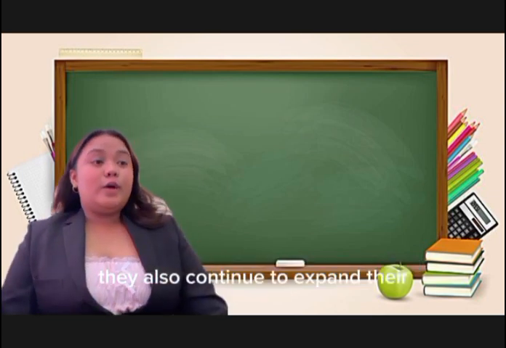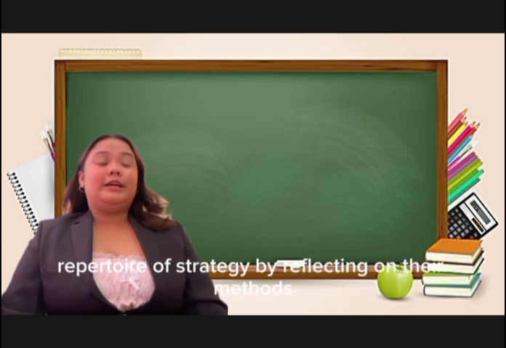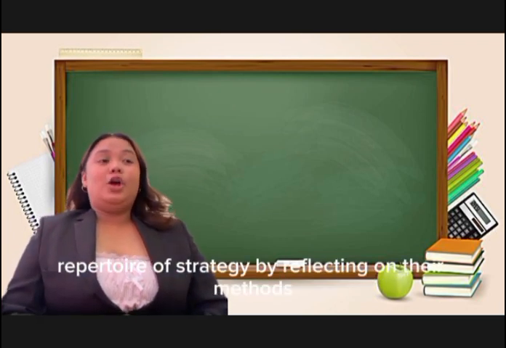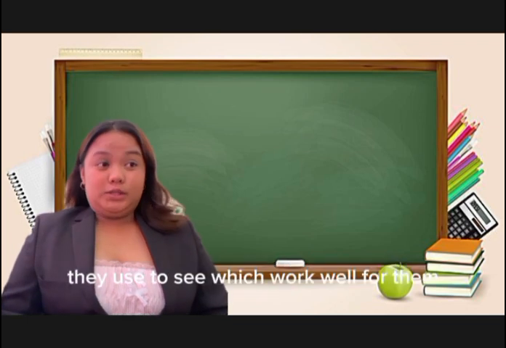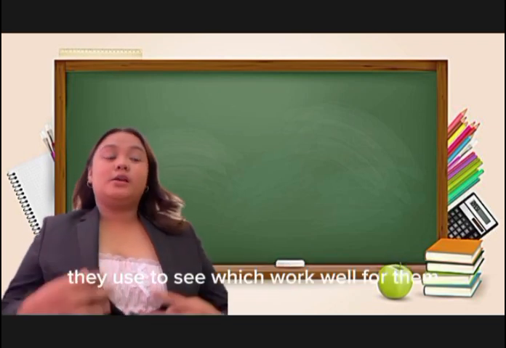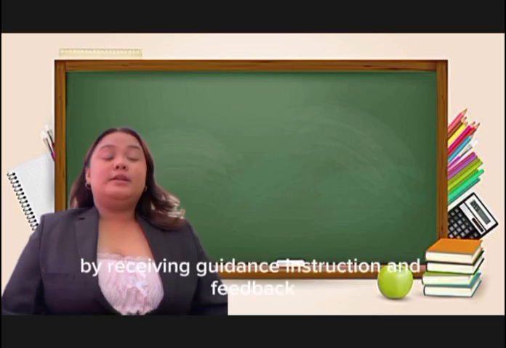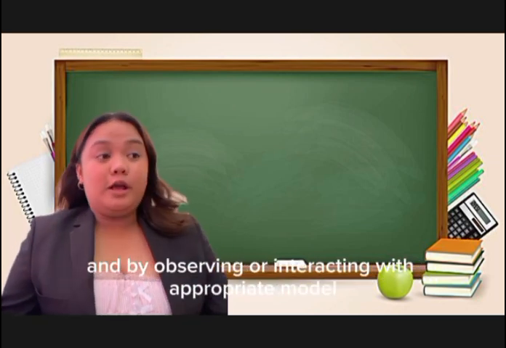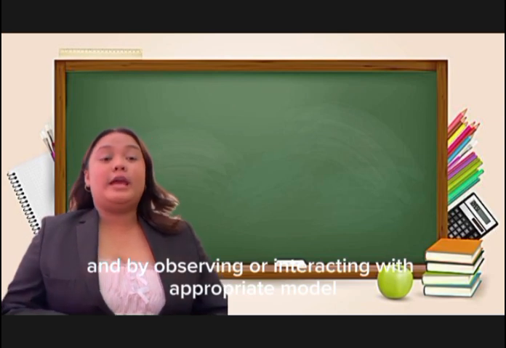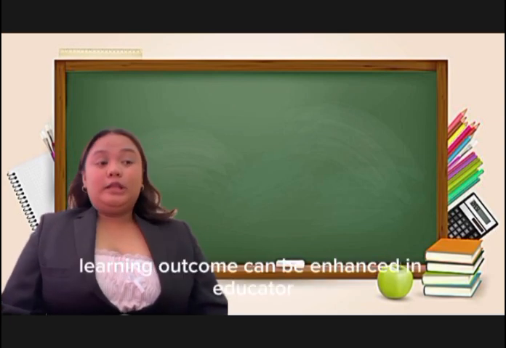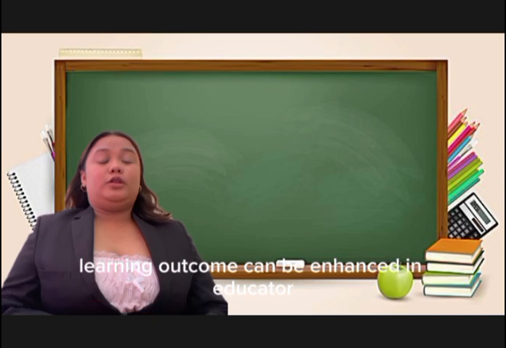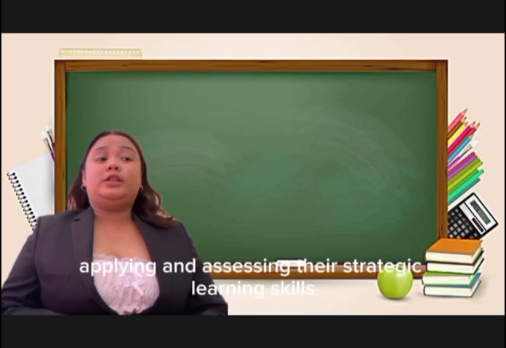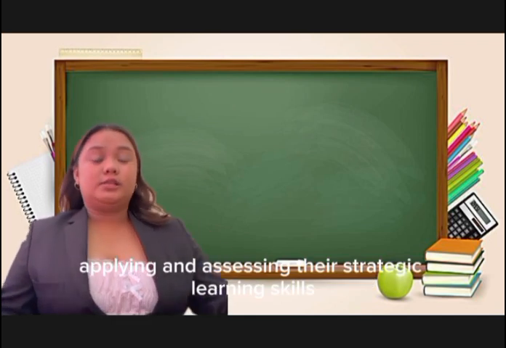They also continue to expand their repertoire of strategies by reflecting on the methods they use to see which work well for them, by receiving guidance, instruction, and feedback, and by observing or interacting with appropriate models. Learning outcomes can be enhanced when educators assist learners in developing, applying, and assessing their strategic learning skills.